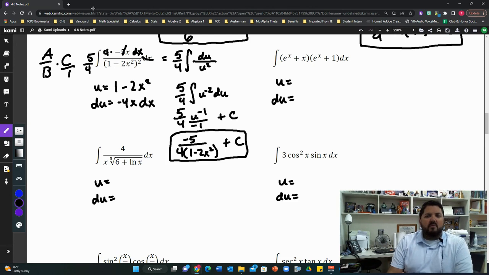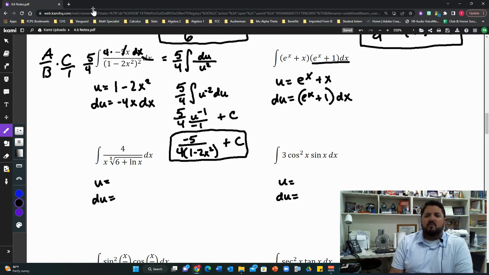Now, I'm not going to write it down twice because I'm pretty good at calculus, so I don't need to. I can look at this and tell, well, I know the derivative of e to the x is e to the x, and I know the derivative of x is 1. So this first group has to be my u. So e to the x plus x would be u, then du is e to the x plus 1. This is the first one we've seen where u is multiple terms, and the derivative is still multiple terms, so we need parentheses around it, and then that dx quantity.